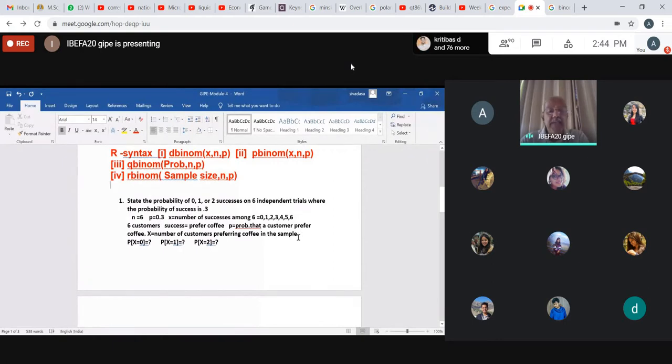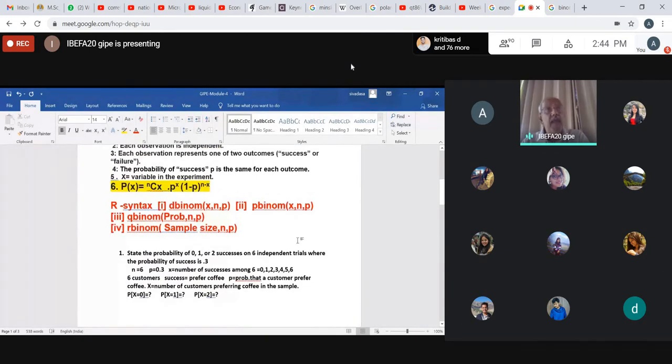So to answer the probability of your characteristic in the sample, all these are the functions we are going to use. So let me start with R.